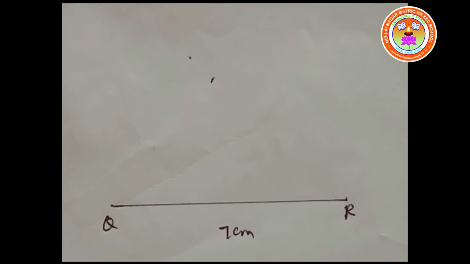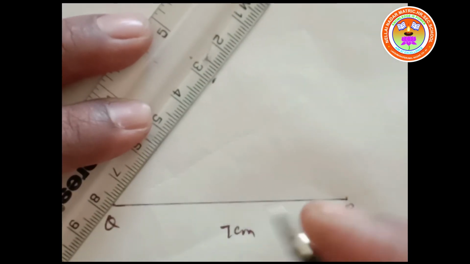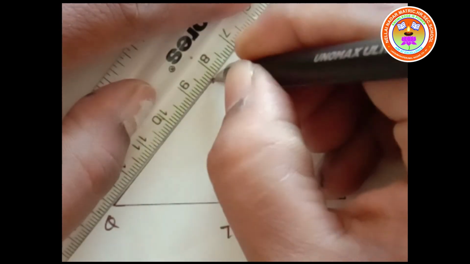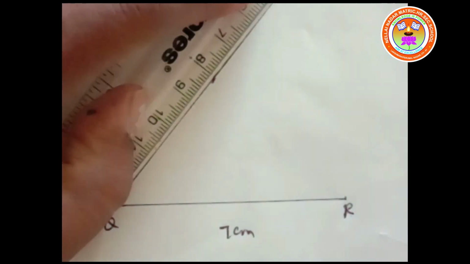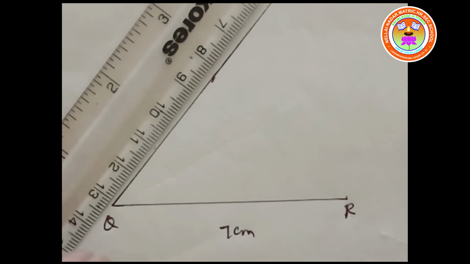Mark here. Join the line. You consider this line as QX.